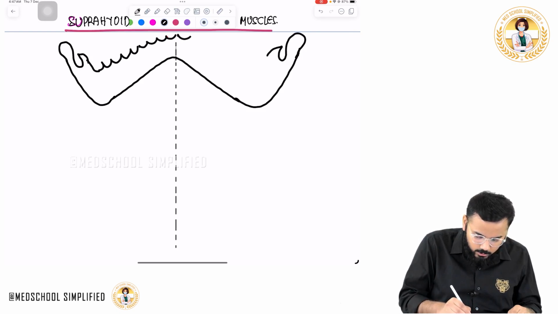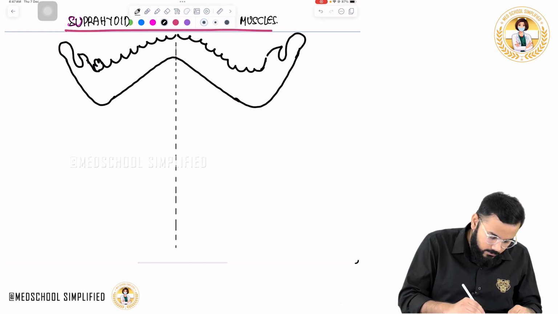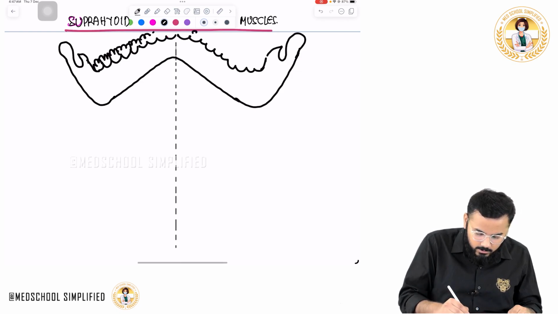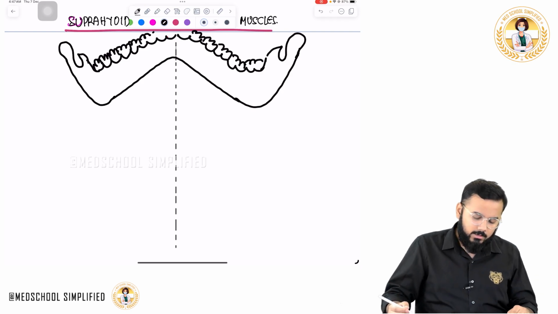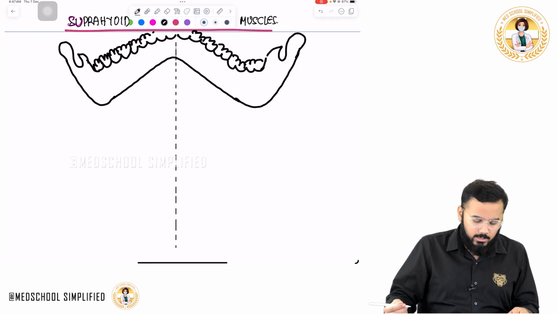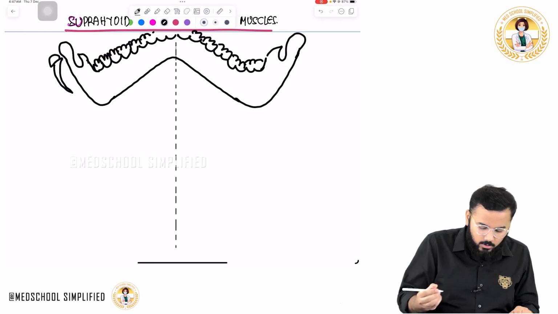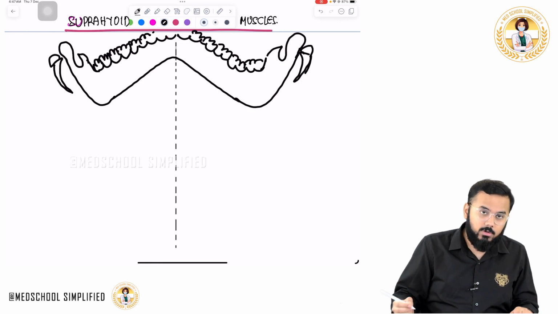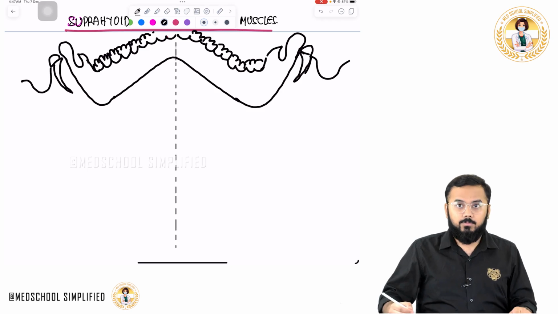And these are the tooth sockets, and these are the teeth that are present over here. Just a rough picture, don't take it seriously. Now next important thing is that beside this we have a process called the styloid process. On both sides we have this particular process called the styloid process, and this is how it continues.